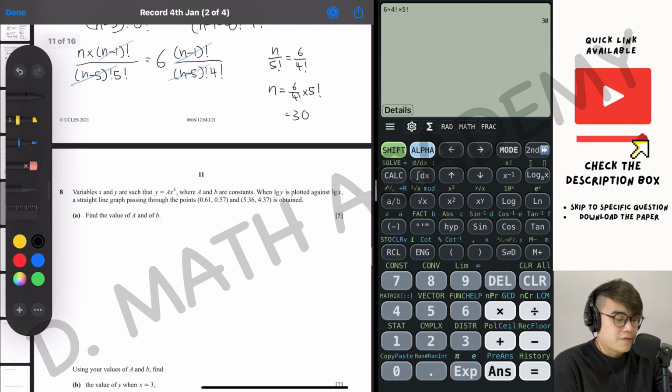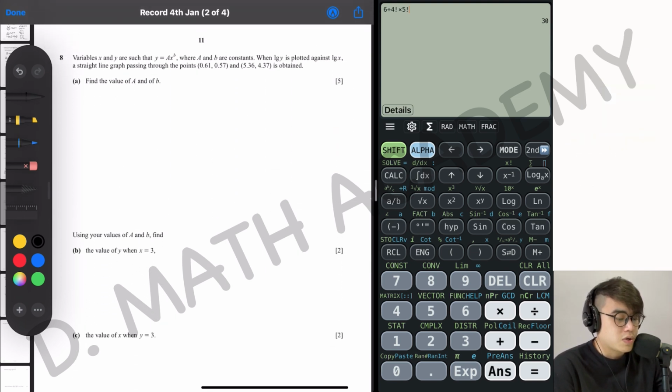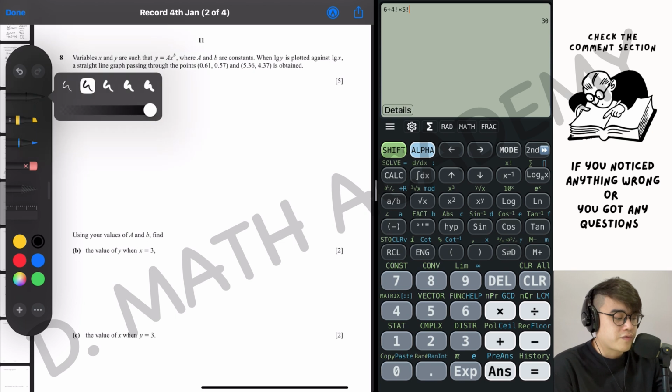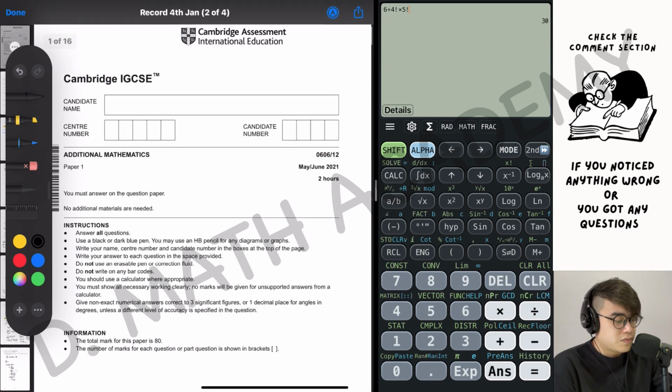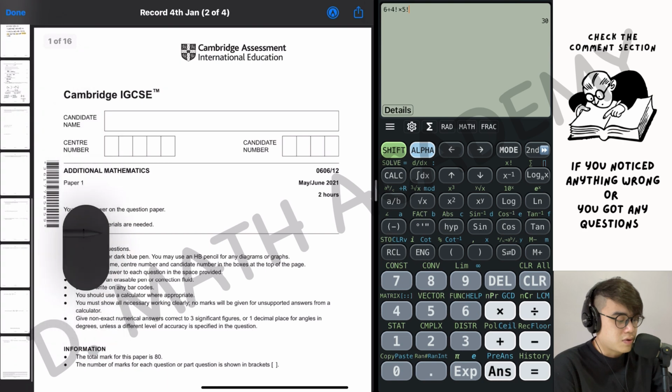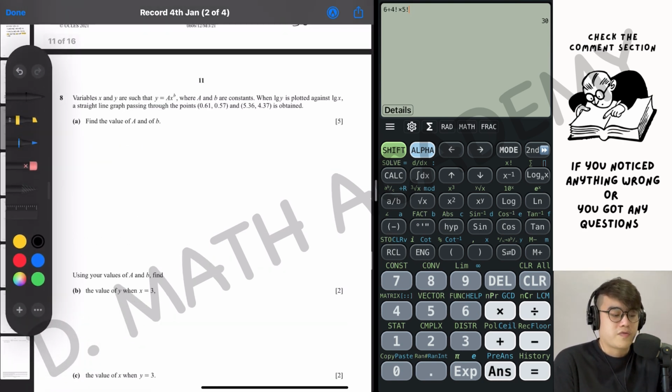Moving on, we have some linear law question. So they wanted us to try to find the value of A and B here. The key assessment was actually located here. They wanted us to find log y plotted against log x.